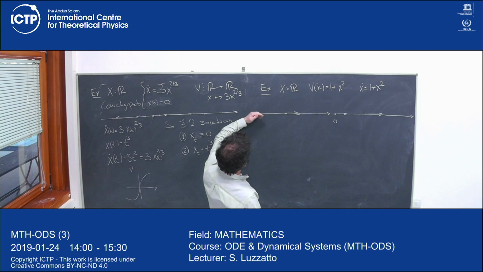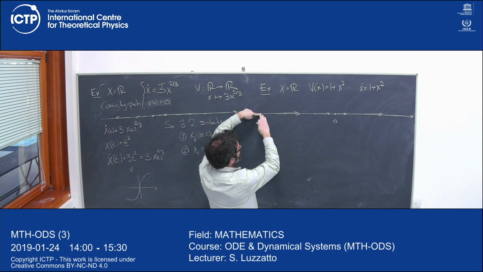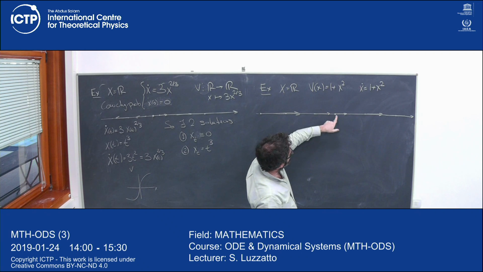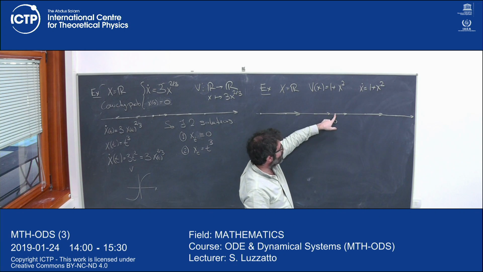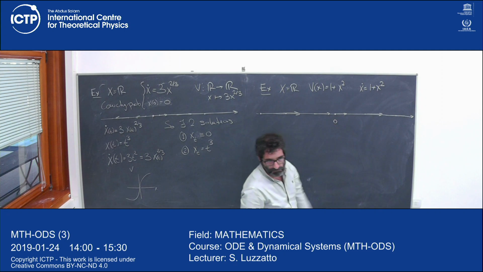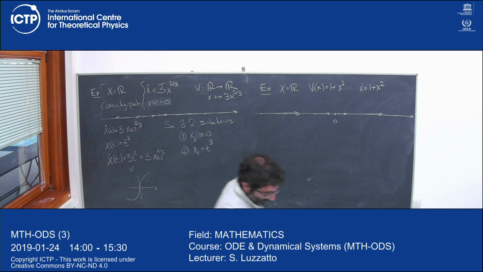Dynamically, you start with an initial condition here. It initially moves very fast, because this is its velocity vector. Then it slows down a bit. This is the moment at which it's slowest, but it still has velocity 1. And then it starts speeding up again. What happens is that it speeds up a bit too fast for its own good.